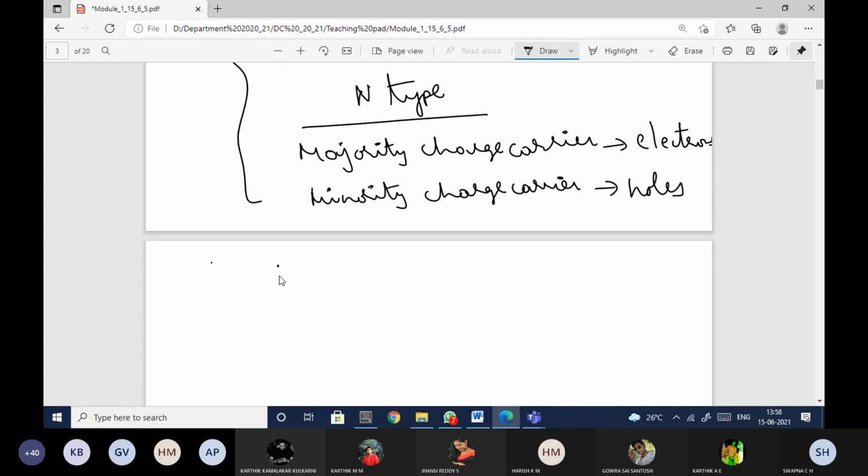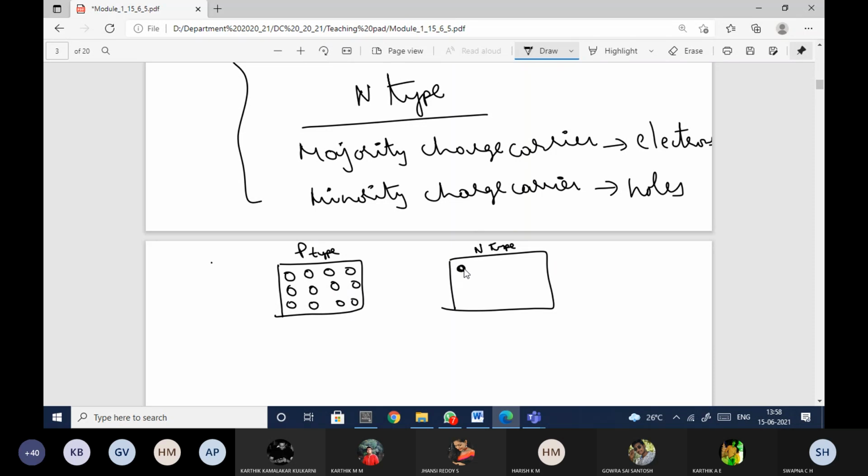So I have got p-type material and n-type material. This is my p-type material or p-type semiconductor, and this is my n-type semiconductor. As I mentioned, in p-type, the majority charge carriers are holes. Holes generally I'll represent with a circle. When it comes to the n-type, the majority charge carriers are electrons.